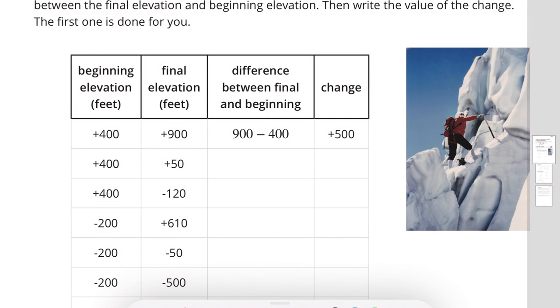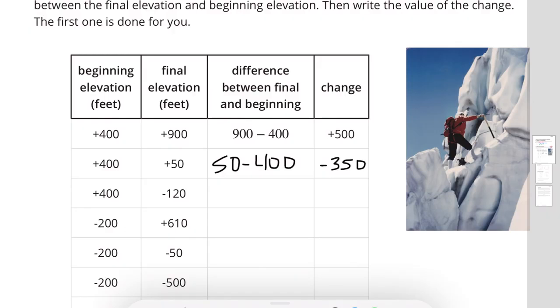So 50 minus 400. And he wants to know what is the amount of change. If I was at 400 and I finished at 50, I went down 350 feet. Since I went down, that would be a negative change. So negative 350.